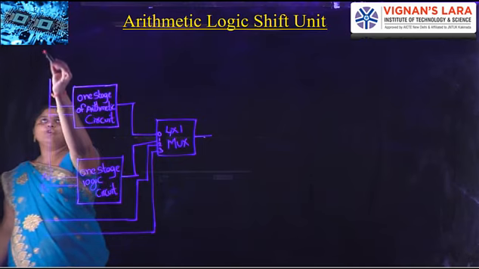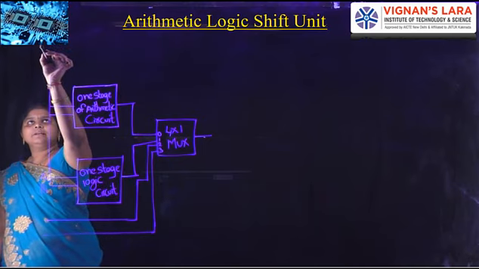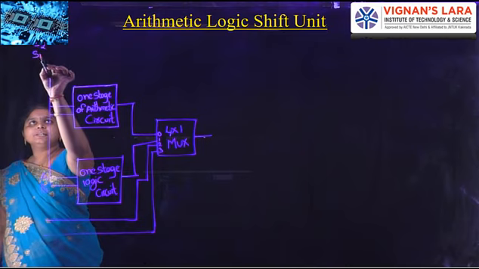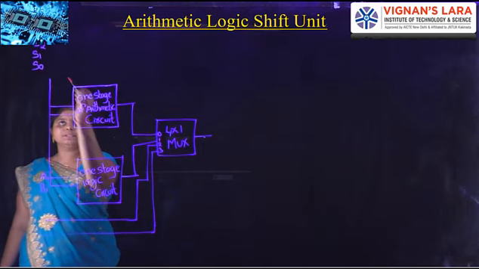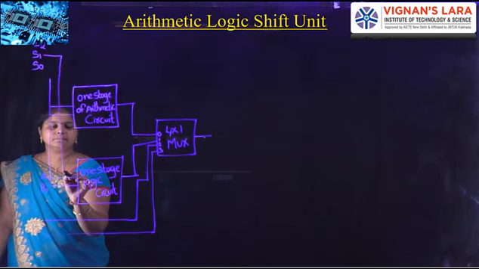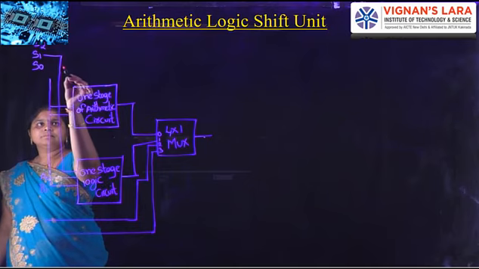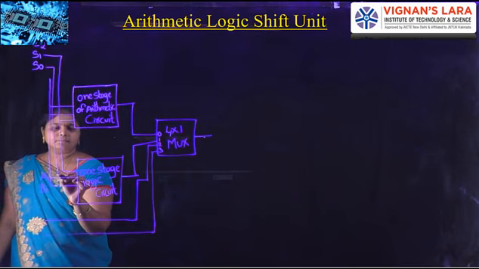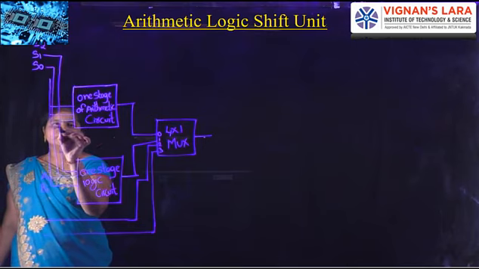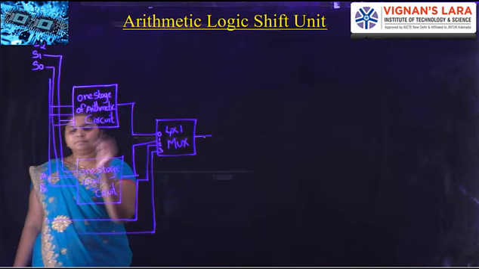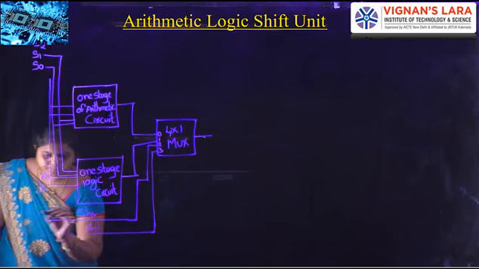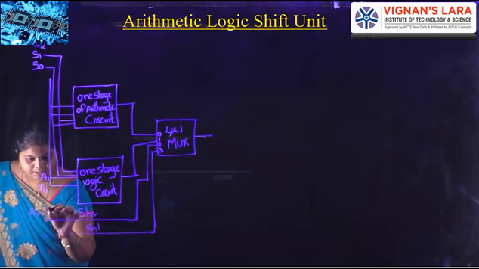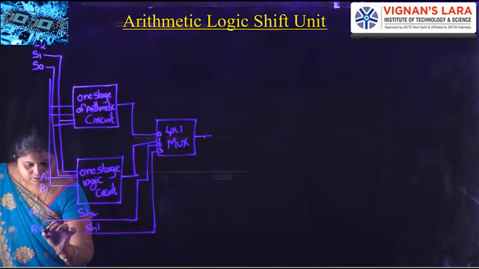Here we take the selection inputs S3, S2, S1 and S0, where S1 and S0 are controlled by the arithmetic circuit and logical circuit. This is known as shift right and shift left, denoted by Ai minus 1 and Ai plus 1.